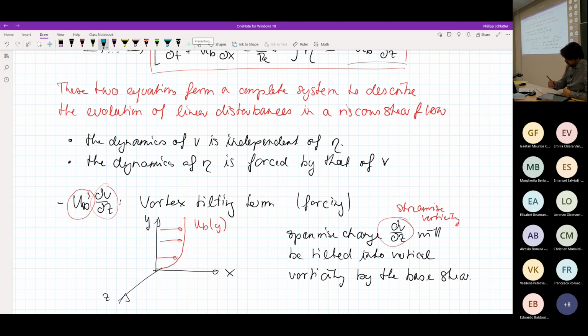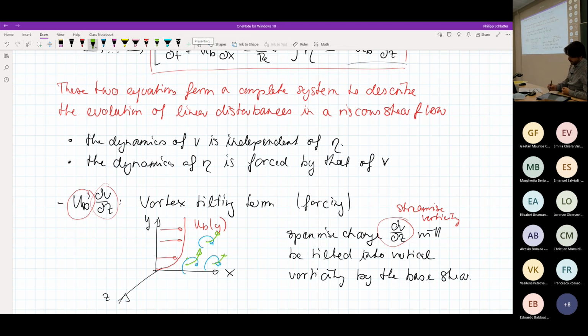So in a way, it's not so easy to sketch this, but if I had kind of streamwise vorticity like this, and I have the base flow acting in the way that I sketched here, it's essentially that these vortices are kind of upwards tilted by the action of the base flow.